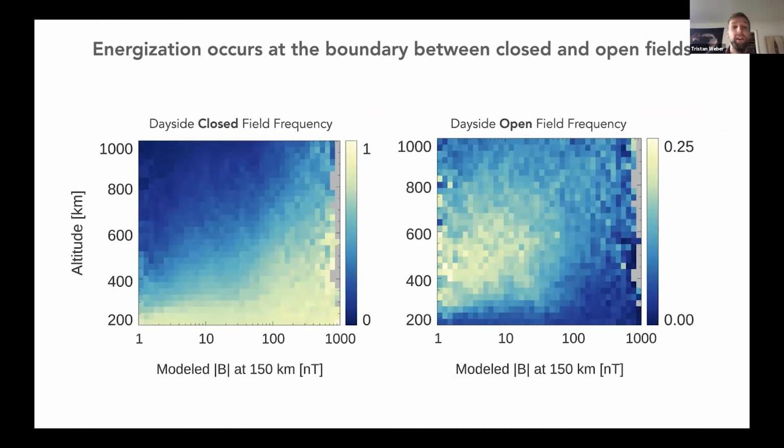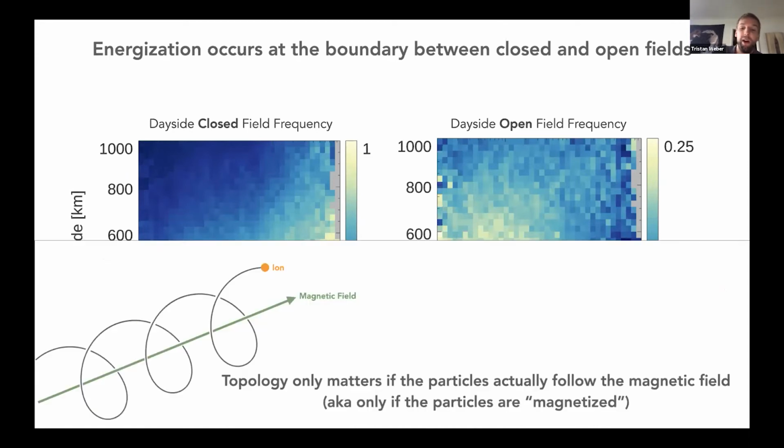We have to factor that in when we're thinking about what these actual escaping ion fluxes are. As another important note, this topology only really matters if the particles actually will end up following the magnetic field. If a particle is energized enough that it has a large gyro radius, it will be unmagnetized to that field and won't necessarily follow any topology that we want to prescribe to it.